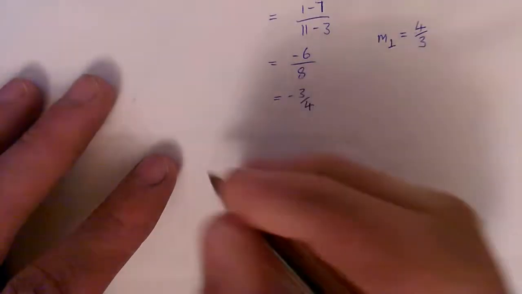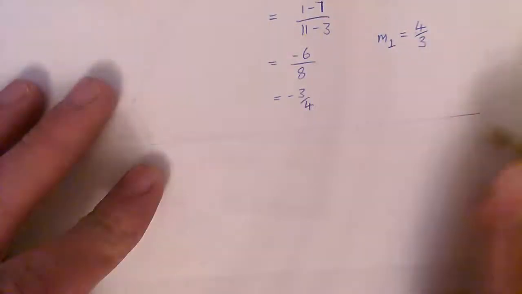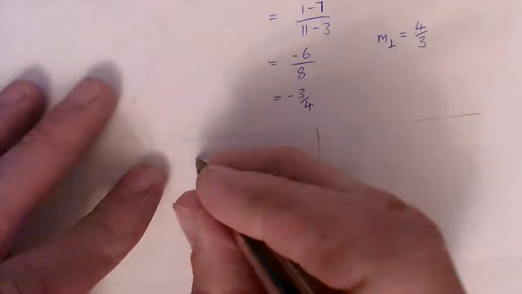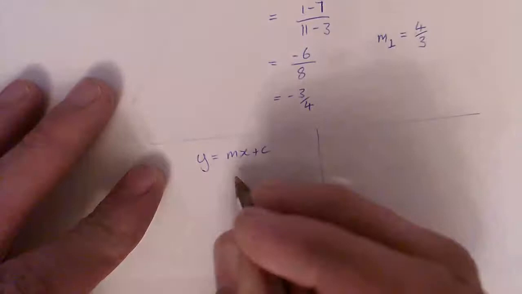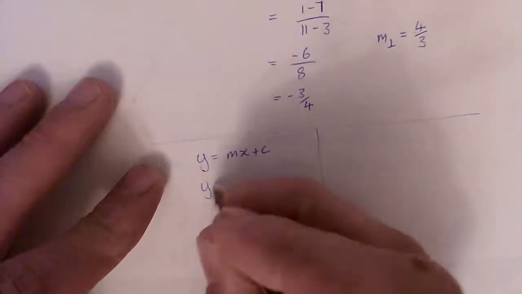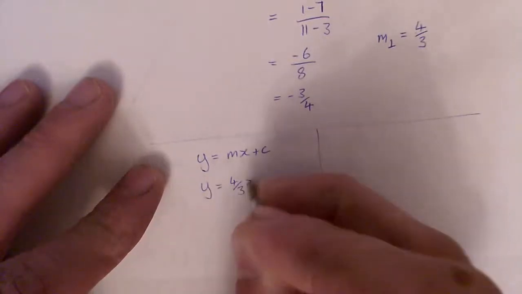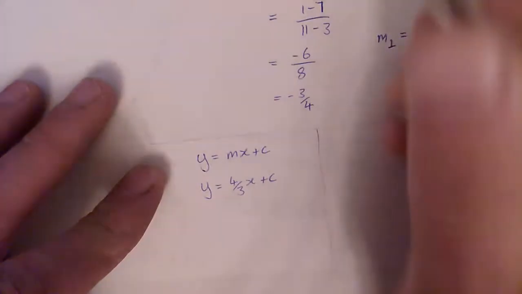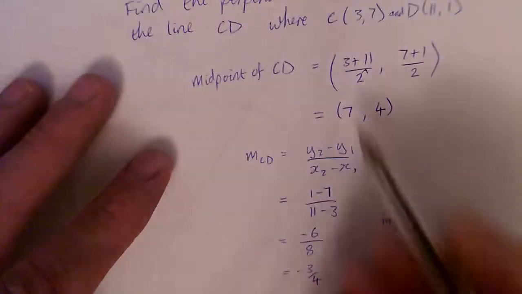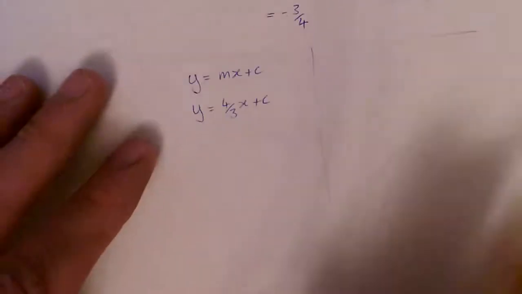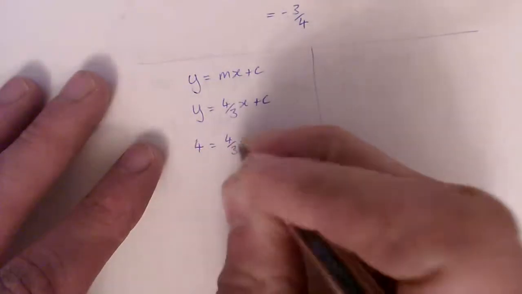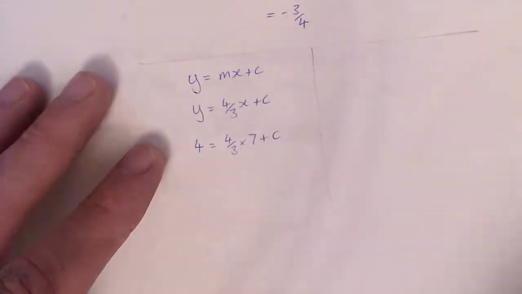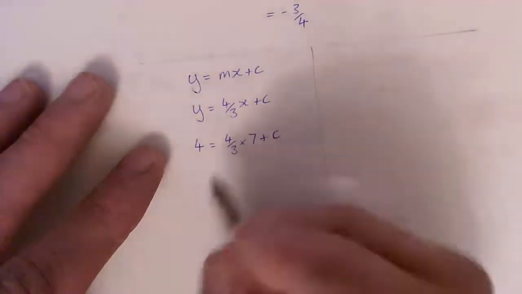So we've got our two pieces of information now. Now we can do our line equation. As ever, I'll do it in both ways. So y equals mx plus c. We've got y equals 4/3 of x plus c. Putting our midpoint, so this is the point we're putting in, it's the (7, 4). We've got 4 equals 4/3 times 7 plus c. Now here's where the numbers are really not very pretty.